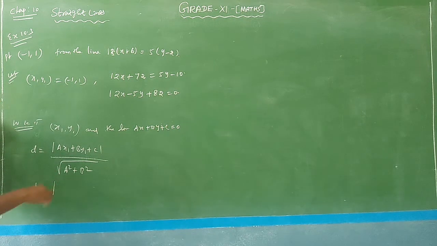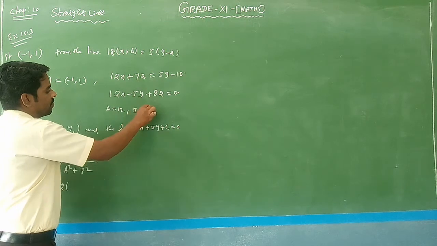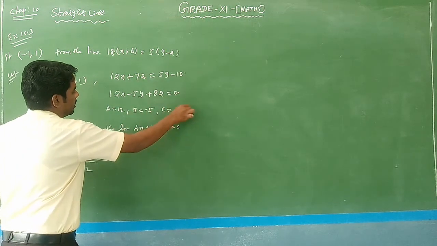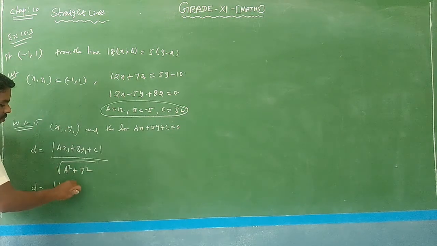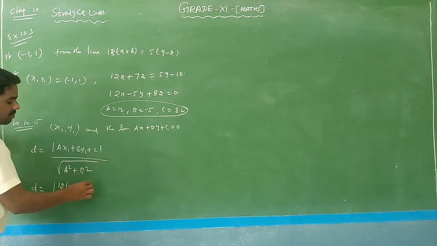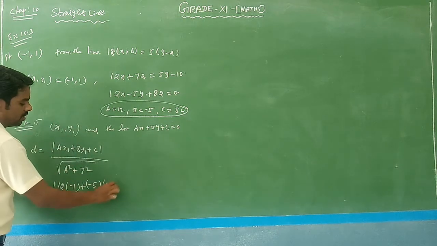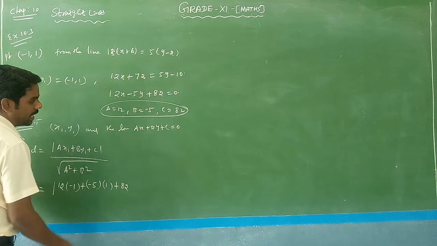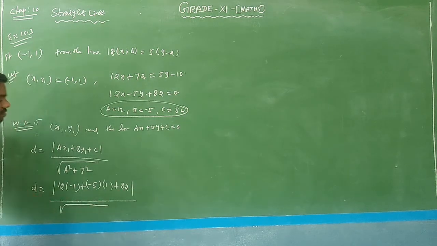So a is 12, b is -5 and c is 82, and the x1 value is -1, the y1 value is 1, divided by the root of a square plus b square.